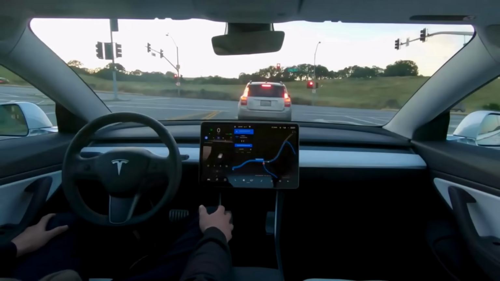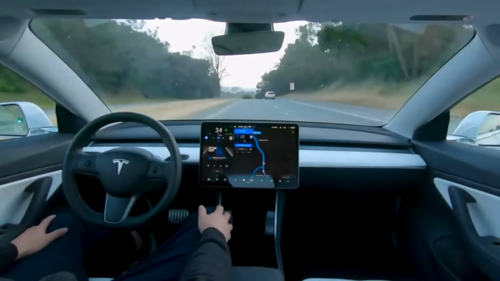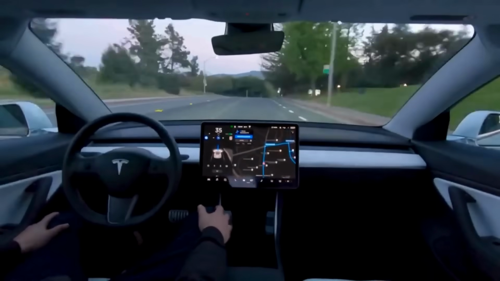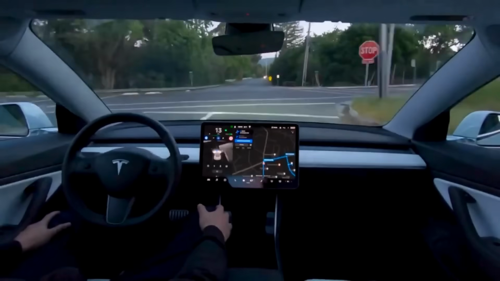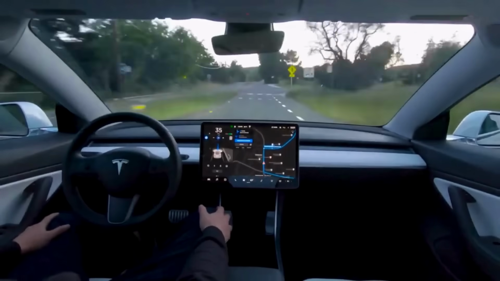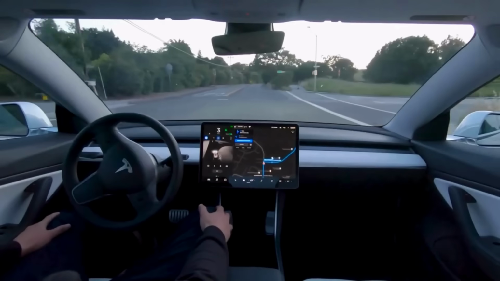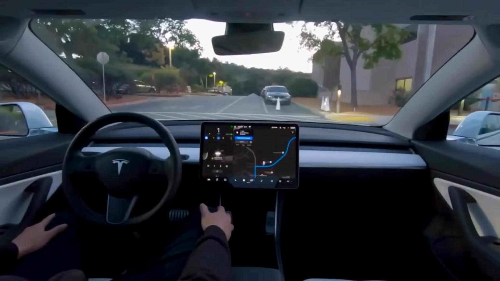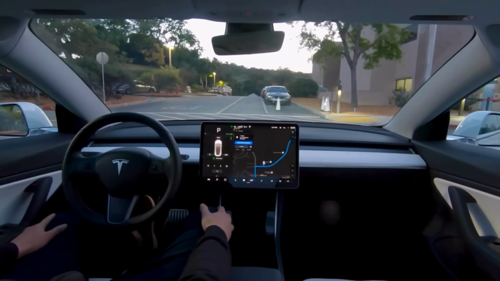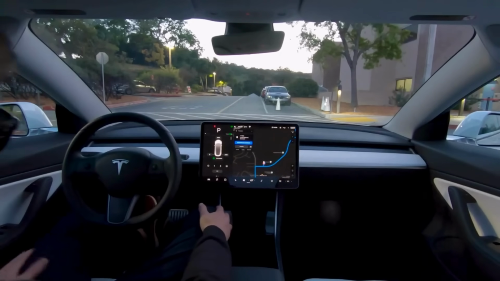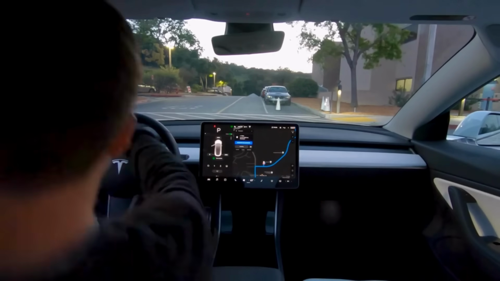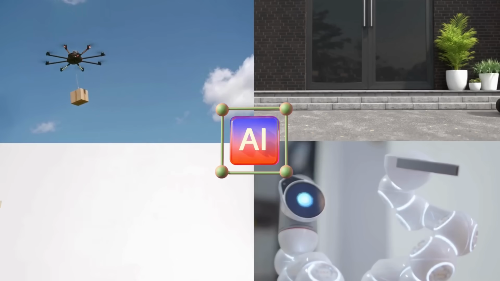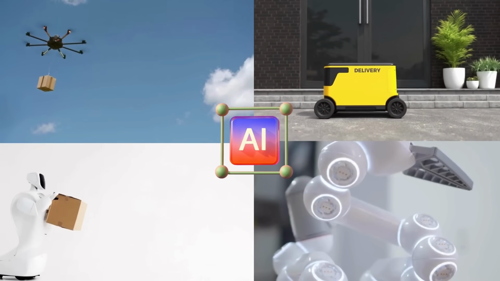Based on the distance between the car and the object, it adjusts the speed and steering control as well. The same technologies are used in other systems such as flying drones, delivery robots, autonomous ships, and many more.